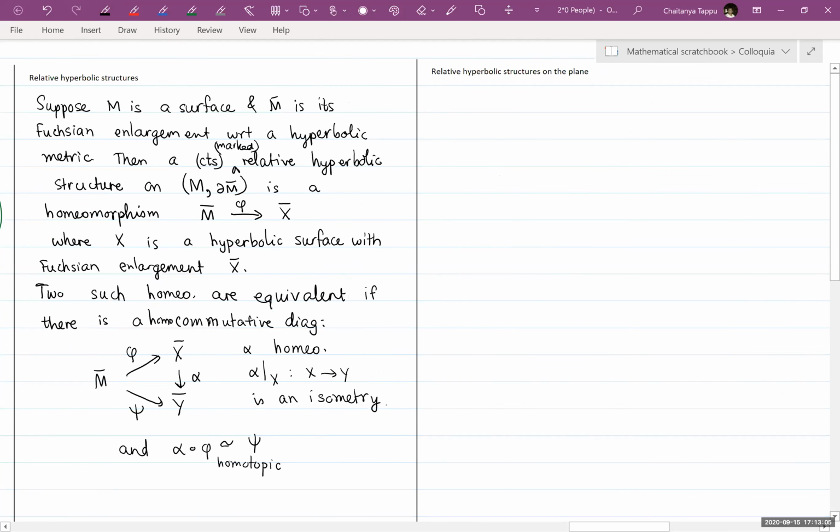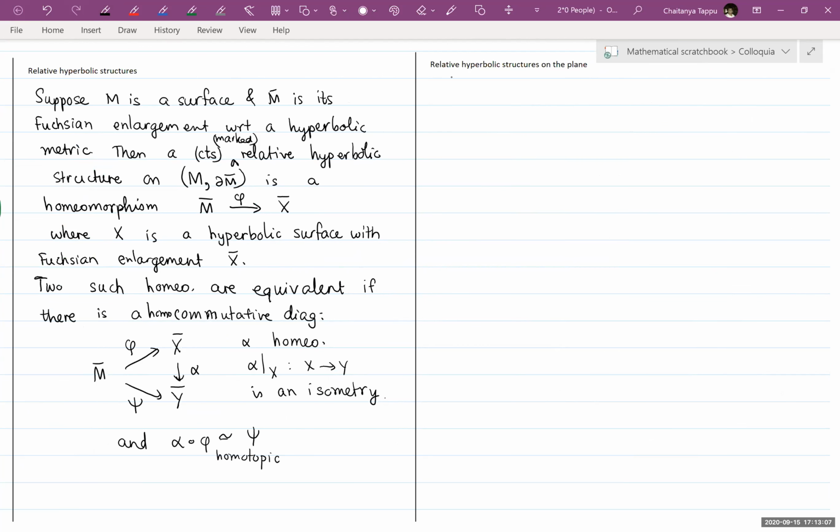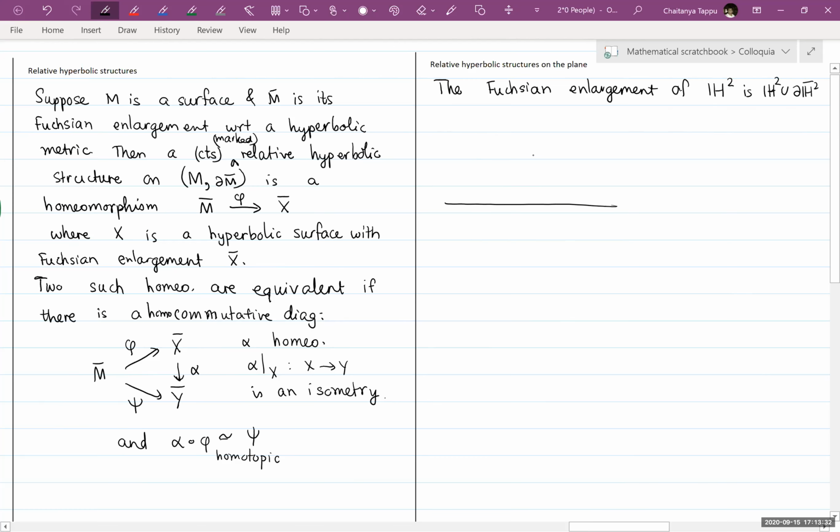Okay, so what does this mean for the hyperbolic plane? The Fuchsian enlargement of H2 is just its union with its boundary. So it is the closed disk.